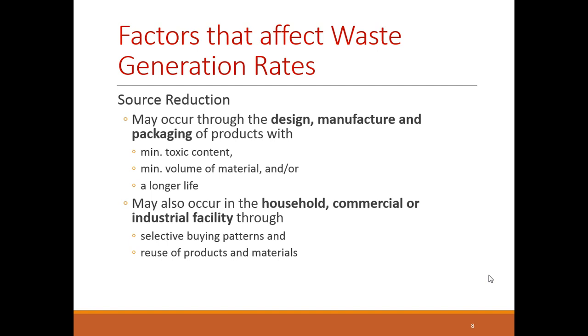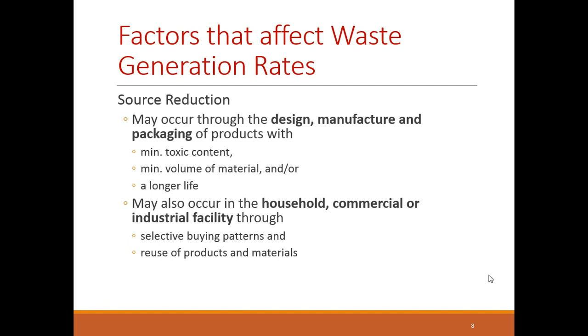So source reduction, at that point, this can actually occur in a few different ways. If you think about it, for example, in terms of manufacturing, let's say an industry that's manufacturing something, you can reduce waste by making modifications to the design of your product, the manufacturing process itself, or through the packaging of the products.